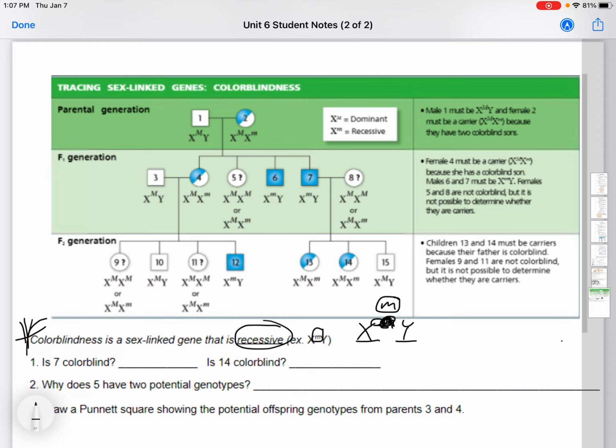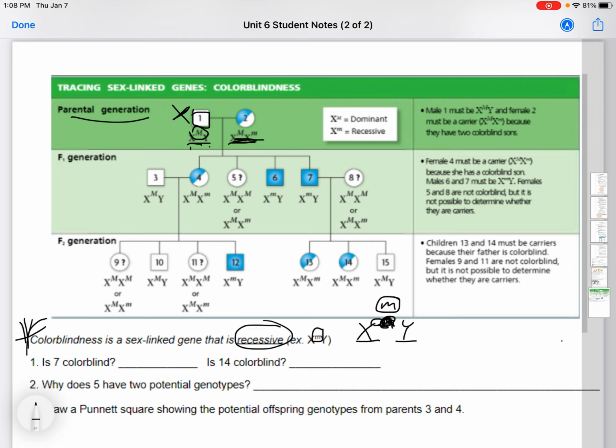So let's glance up here at the pedigree for a minute. We see mom and dad in the parental generation. This would be dad. Not only do we know that because of the square, we also know it because he has an X and a Y. And we see that he is capitalized on the X-linked trait for color blindness. So that means he does not have it. Of course, we know that already because it's not shaded in.